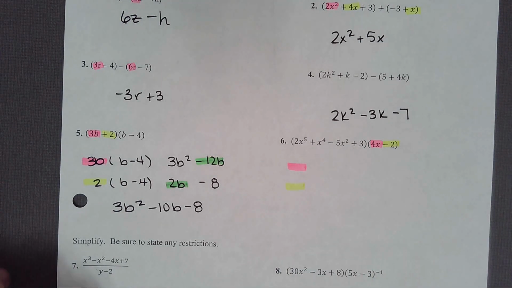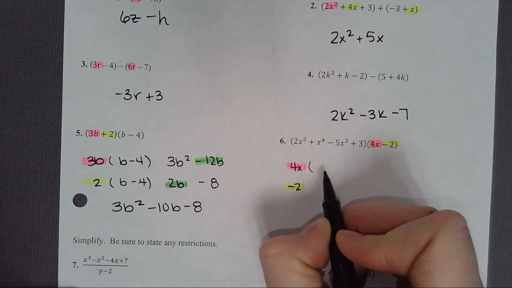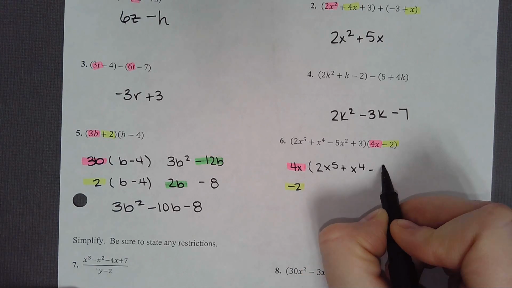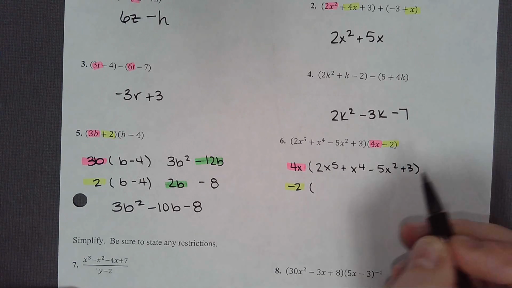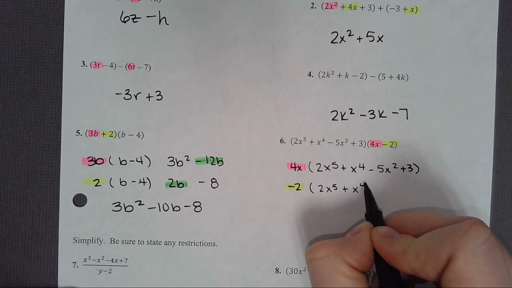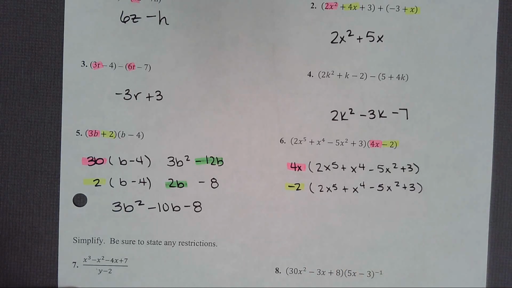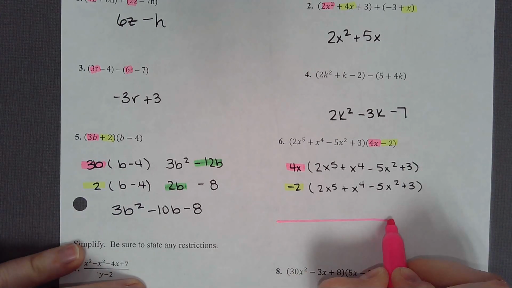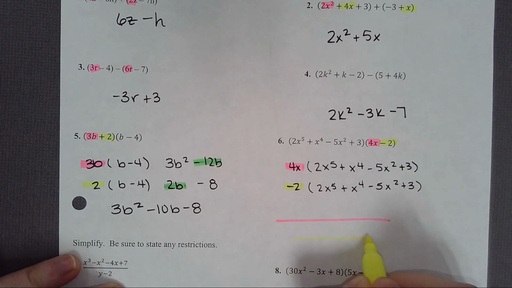It's one and the same, but I'm going to take 4x and minus 2 times the whole parenthesis of 2x to the 5th plus x to the 4th minus 5x squared plus 3, and then negative 2 times the same thing. And then I'm going to write my answers down below. Whatever I get for the product of the pink is going to go here, and whatever I get for the product of the yellow is going to go right underneath it.